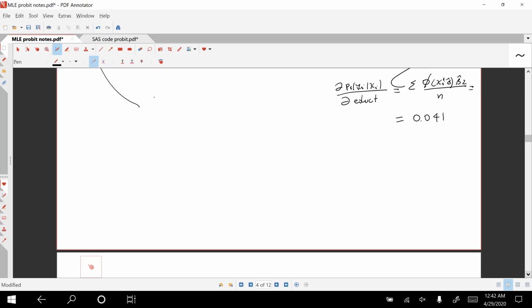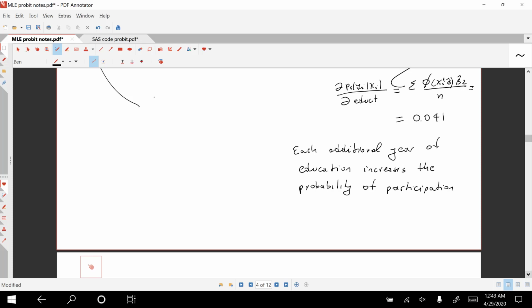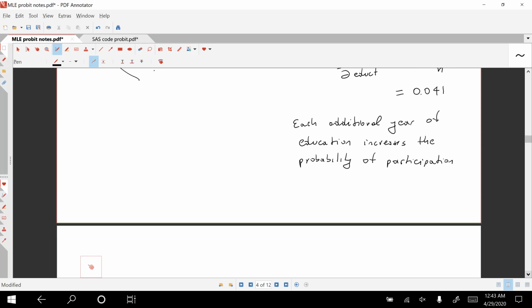0.041. Okay, so we can say that each additional year of education increases the probability of female participation in the labor market by, it should be 4.1%.